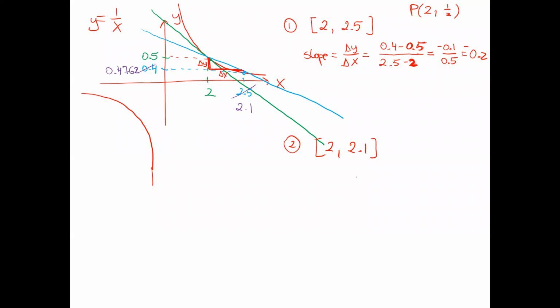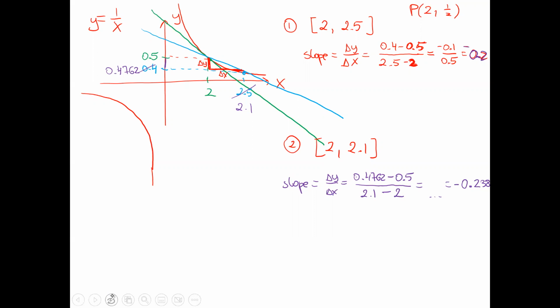Now the same thing: the slope will be the change in y over the change in x, so 0.4762 minus a half, over 2.1 minus 2. Checking the calculator, the slope is approximately -0.238. The first one was -0.2.